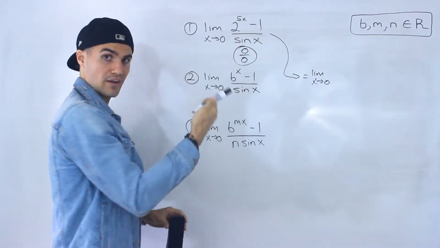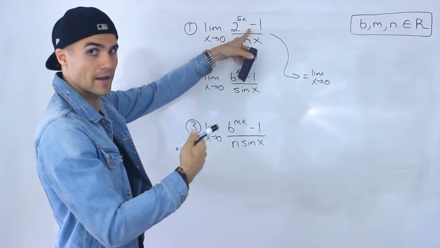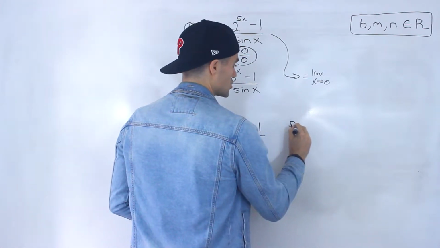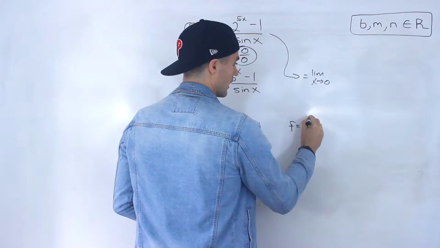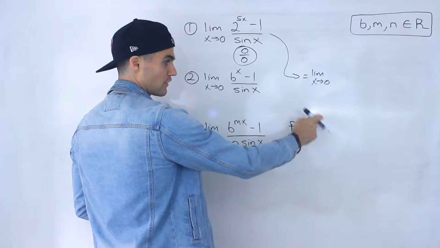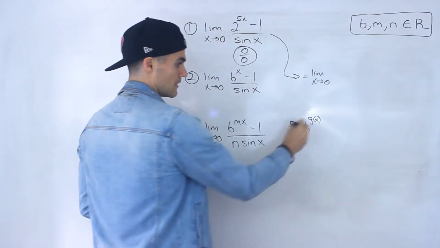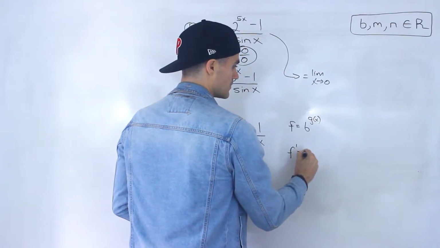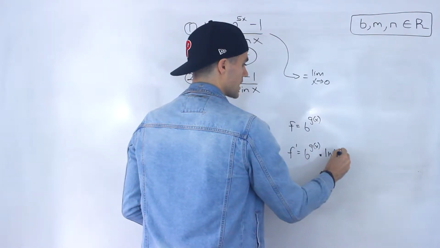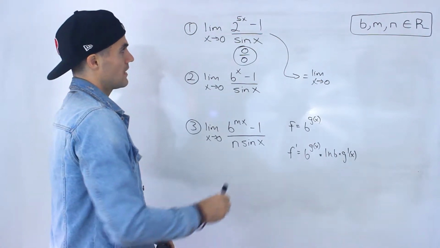So we could take the derivative of the top. We got 2 to the power of 5x minus 1. The derivative of minus 1 is just 0. What's the derivative of 2 to the power of 5x? Well, let's do a quick review here. If I got a function where I have a base to the power of another function, and here we got 5x, which is another function, it's not just x by itself, the derivative is going to be that function written out as is, times ln of b, times g prime of x.